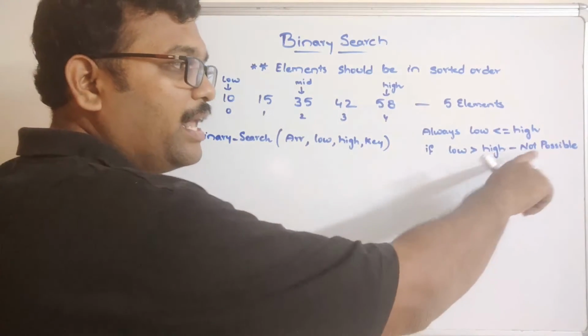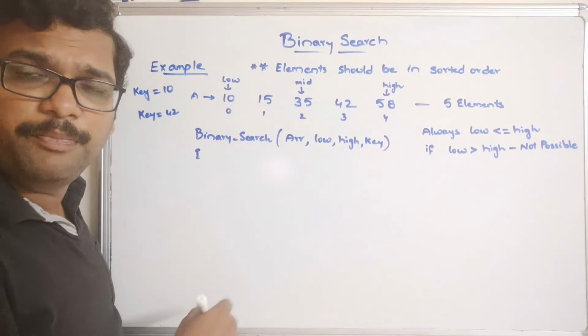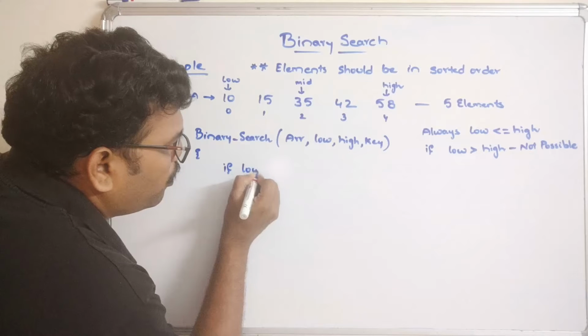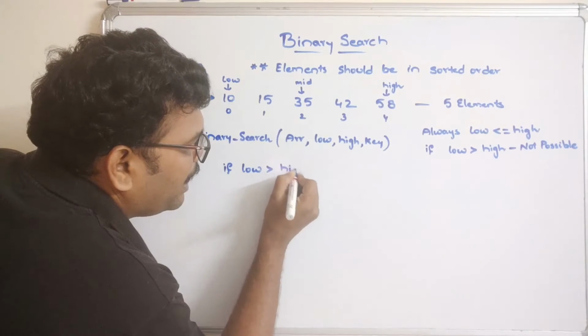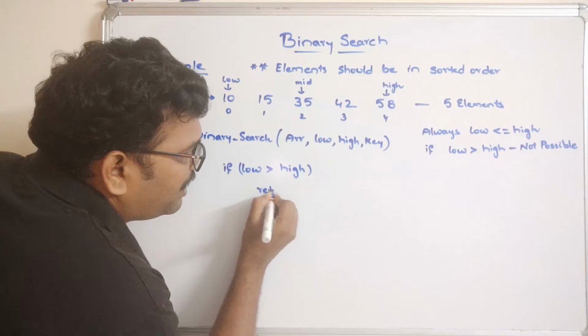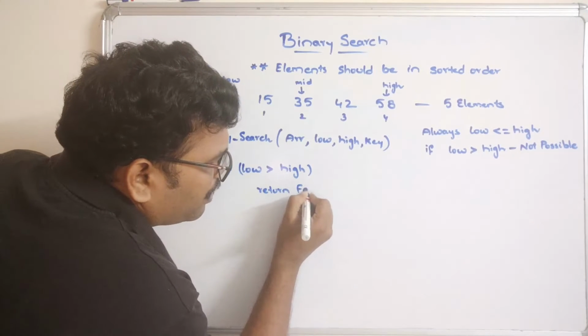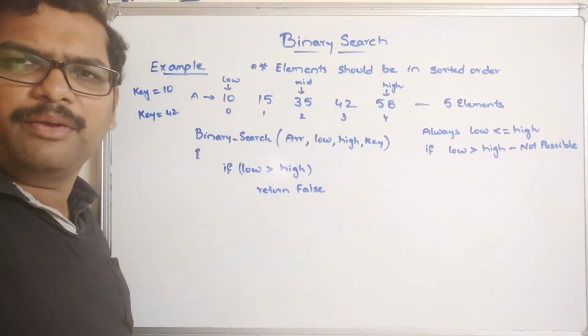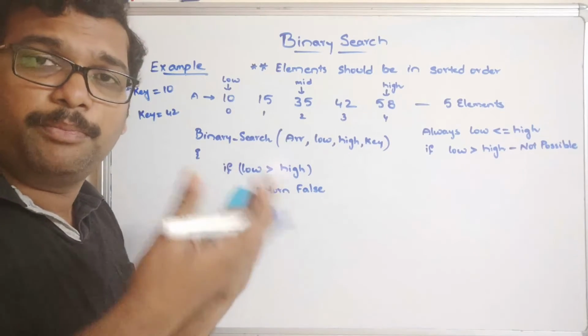Now first we have to check whether low is less than or equal to high, and if low is greater than high, then simply we can say it is not possible. So if low greater than high, we can simply return false. We can write return false or element not found, whatever it may be, based upon our logic, based upon our presentation.